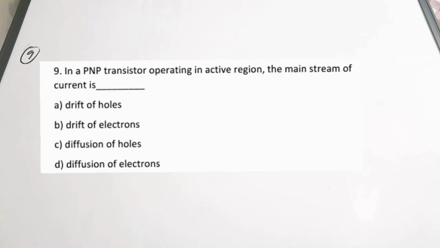Since it is a PNP transistor, it is holes, and since it is in active region, the main contribution will be due to diffusion. Since we are applying the external potential, there will be diffusion happening. Since the major carriers are holes in a PNP, it will be diffusion of holes. So the correct answer is option C, diffusion of holes.